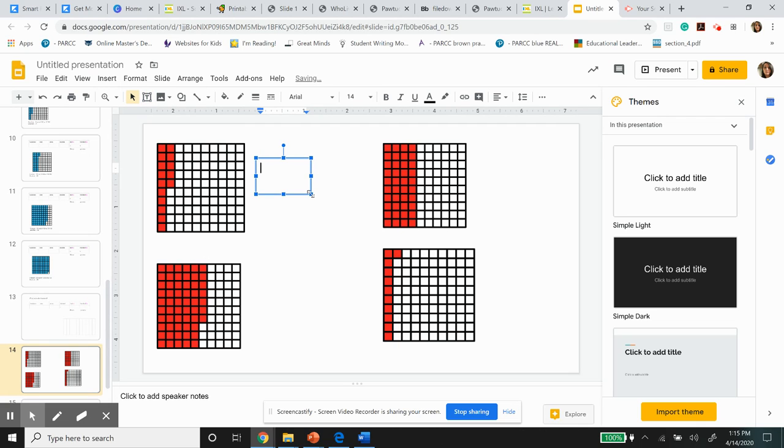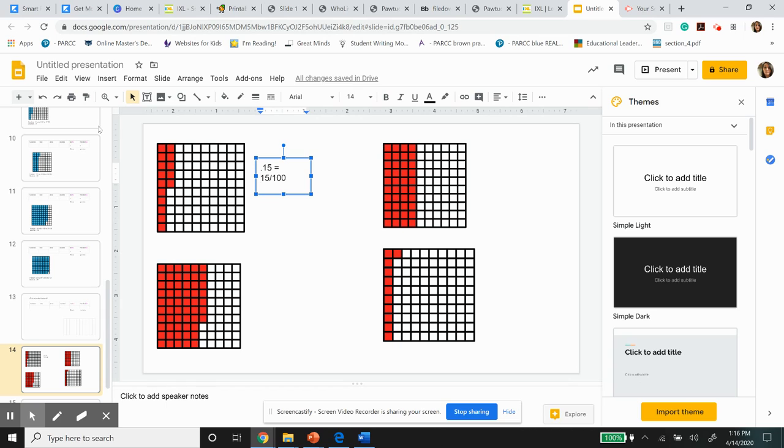So I would say point, and there's 2 spots for hundredths, right? Here's my tenths, here's my hundredths. So that's what that looks like as a decimal. Or I could even say equals 15 over 100, right? Those two are the same.